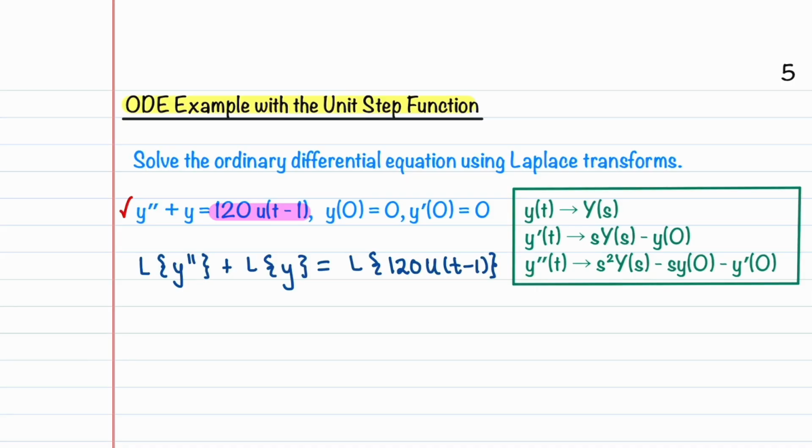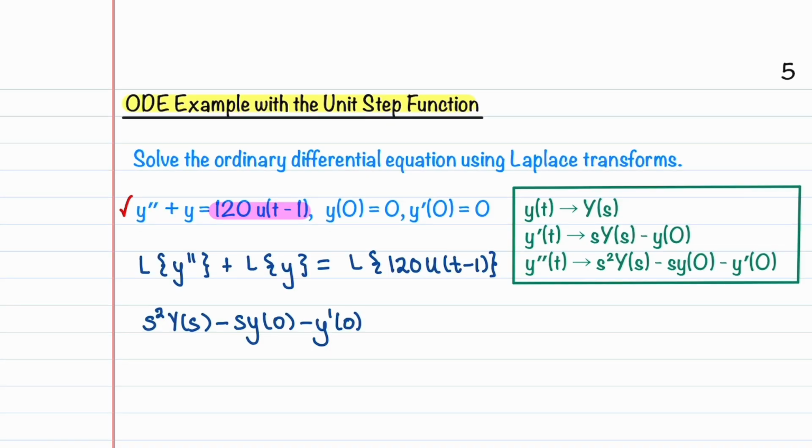Over here on the right, I've written down the formulas for the Laplace transforms of derivatives. We have y double prime, so this is s squared capital Y of s minus s little y of 0 minus little y prime of 0. Those are our initial conditions. And then we have plus capital Y of s.